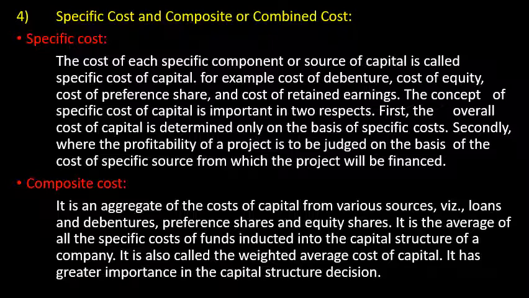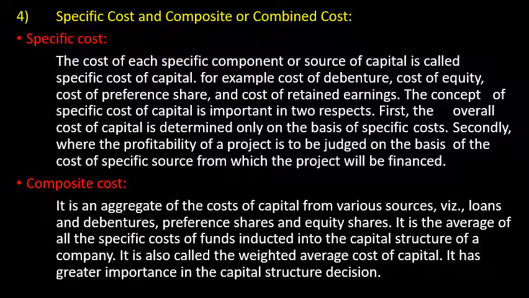So there it is important. Specific cost is important for the calculation of overall cost of capital, in another way, for the calculation of weighted average cost of capital, and also to calculate the profitability of a particular project. So specific cost is the cost of each component of a particular capital structure.